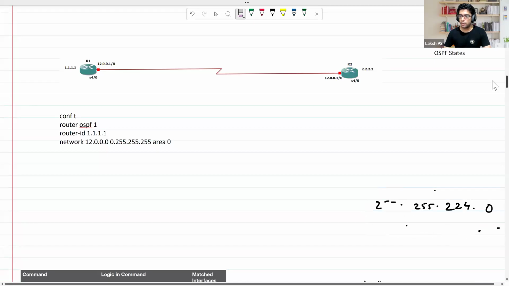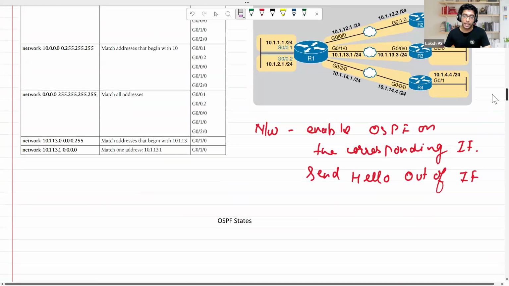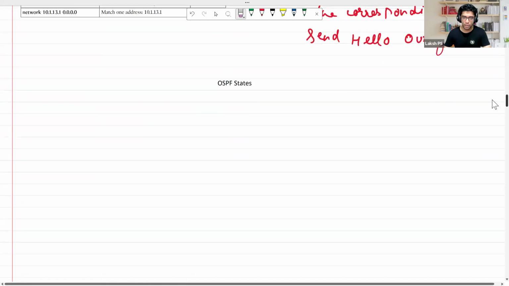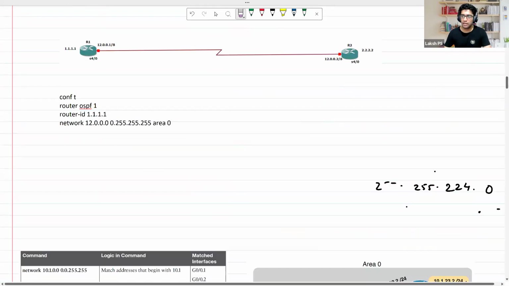I have been talking about after the network command, OSPF sends hello messages. Let's understand what exactly is a hello message.